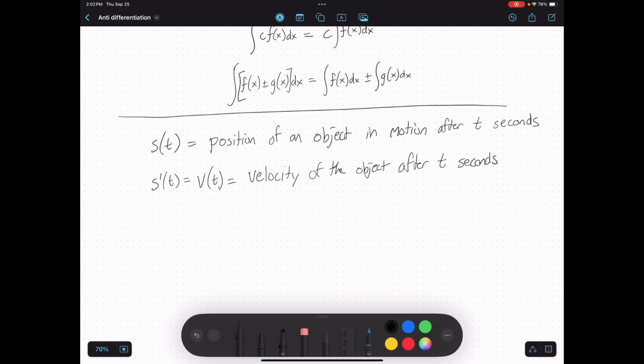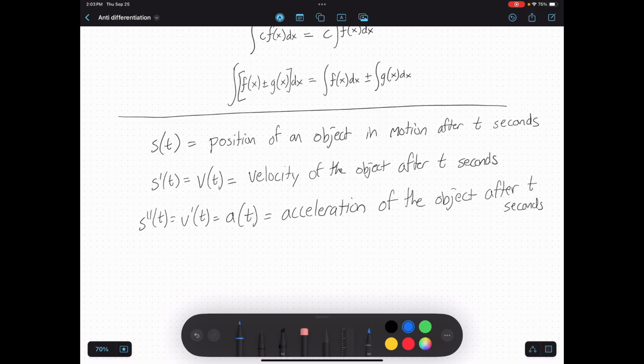What if I take the derivative again? The second derivative gives me the acceleration because it's how the velocity is changing. Is the object speeding up? Is its velocity getting faster? Or is its velocity getting slower? Is it slowing down? Taking derivatives is moving in that direction, where you're going from position to velocity to acceleration.